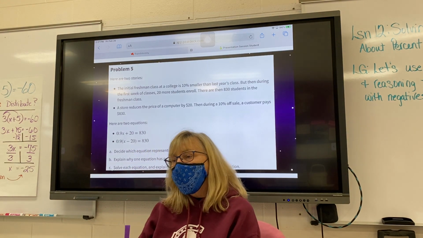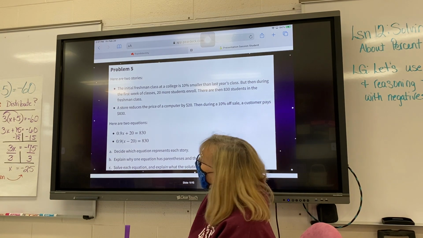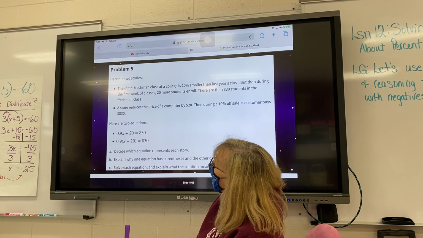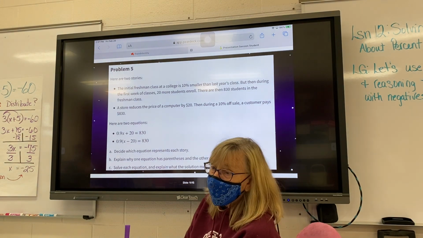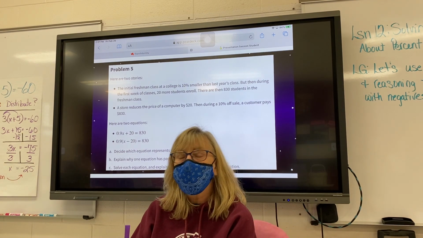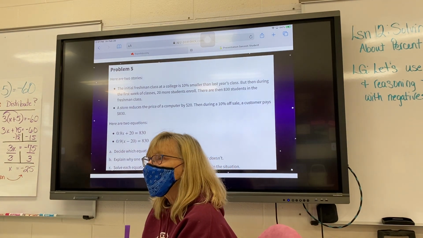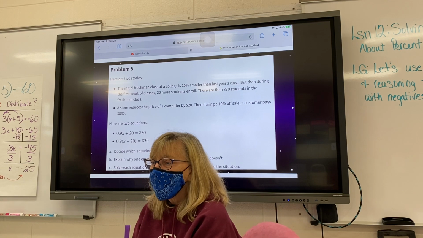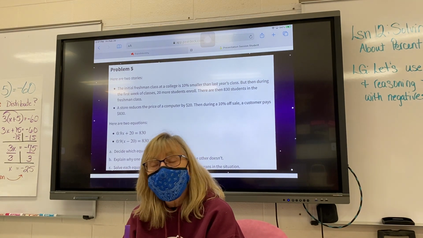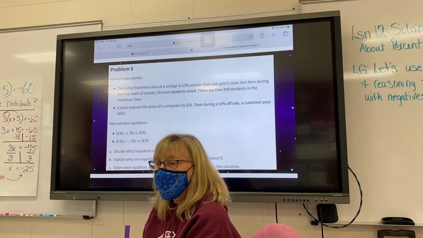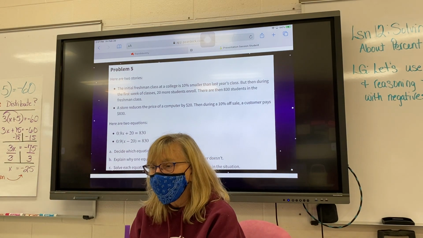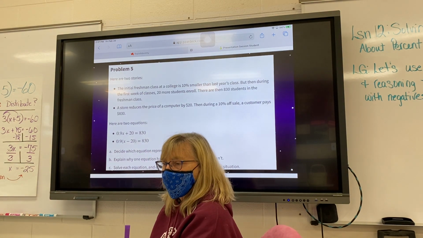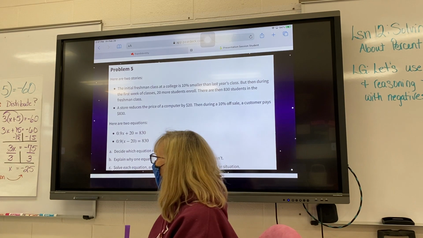All right, here are two stories. Let's look at the first one. The initial freshman class at a college is 10% smaller than last year's class. But then during the first week of classes, 20 more students enroll. There are then 830 students in the freshman class.